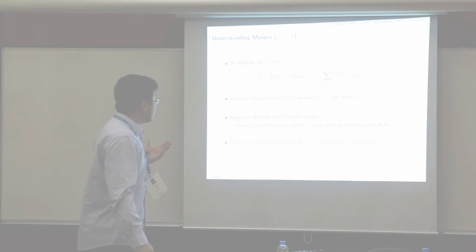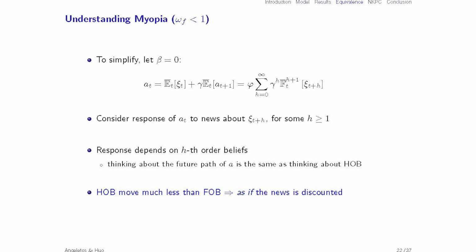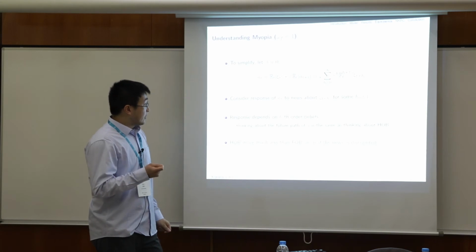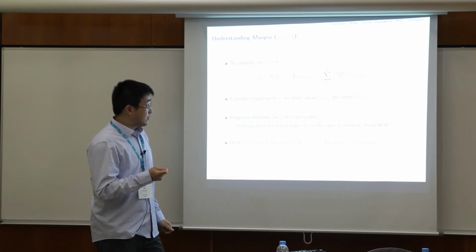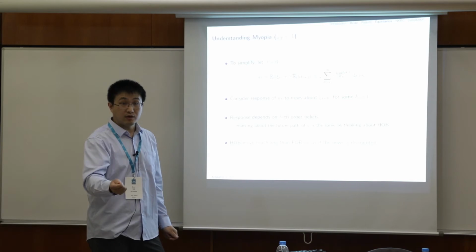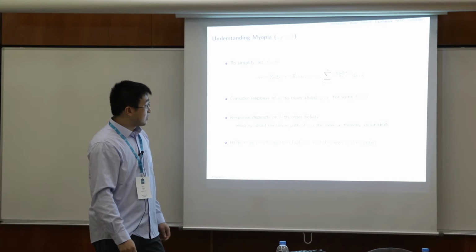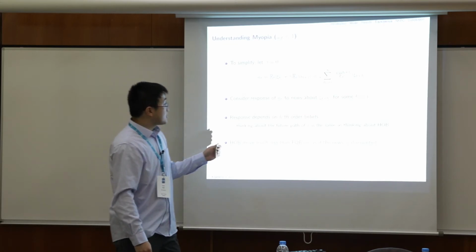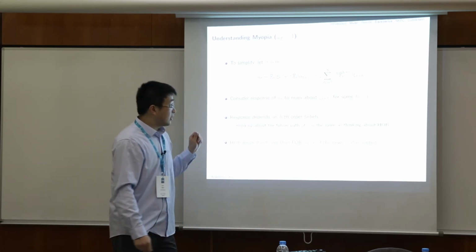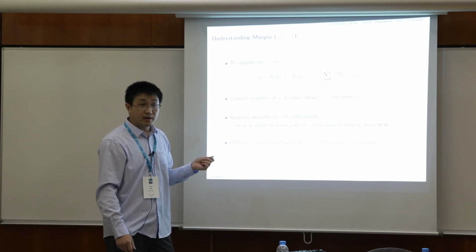So this is a way to understand why you have this myopia, why omega f is less than 1. If you think about our earlier representation, aggregate action with incomplete information can be written as a sum of all these higher order beliefs. Now consider the current action's response to news about the future fundamental at t plus h. In h periods, you receive news about that. So the response of the current action a_t is going to depend on the h-th order belief about the future.